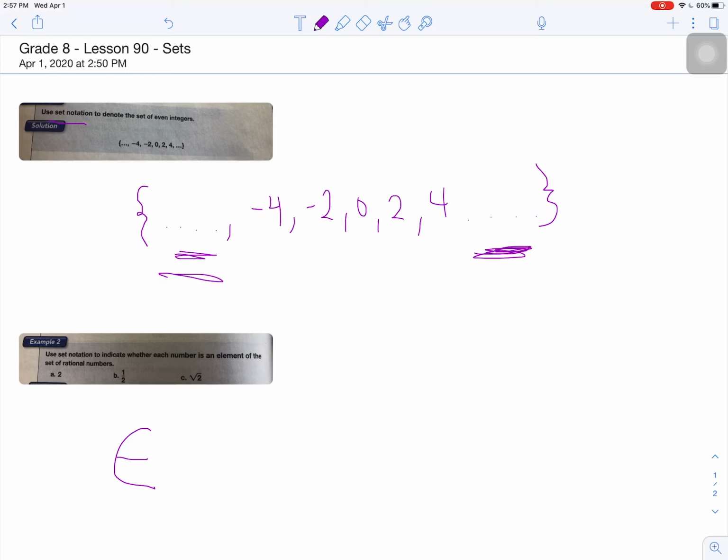So it says, is it a rational number? A rational number means that it has a definite ending to that number. So 2, is it an element of rational numbers? Yes, it is. So you would write it this way. 2 is an element of rational numbers.